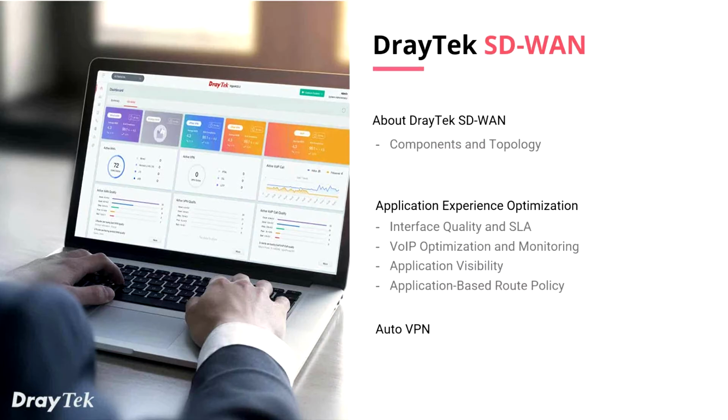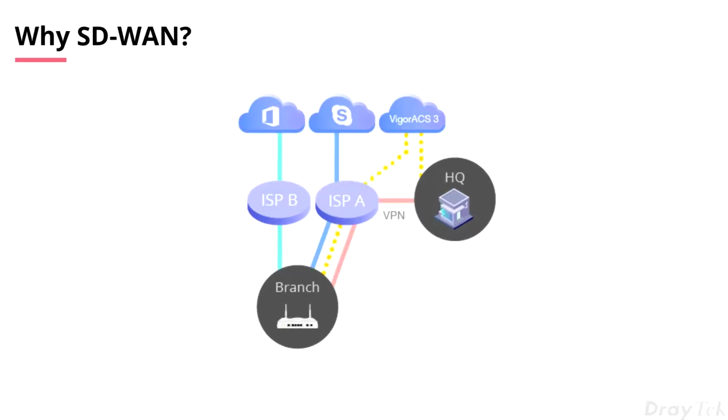So that gives you a bit of an overview of the difference between ACS 2 and ACS 3 at kind of top level. But let's just now look at the SD-WAN functionality and give you an overview of that and an idea of the capabilities. So why SD-WAN? Well, increasingly lots of services are being consumed in the cloud, and people have multiple different internet connections.